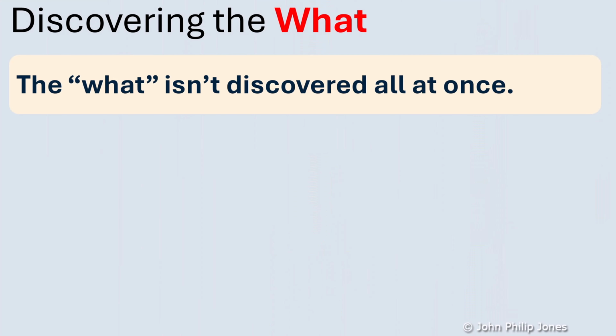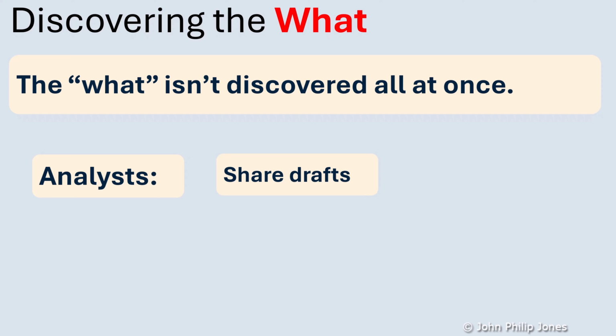Continuing with the what of the system. The what isn't discovered all at once. Analysts will share drafts of what they found with the stakeholders. They will get feedback from these stakeholders.